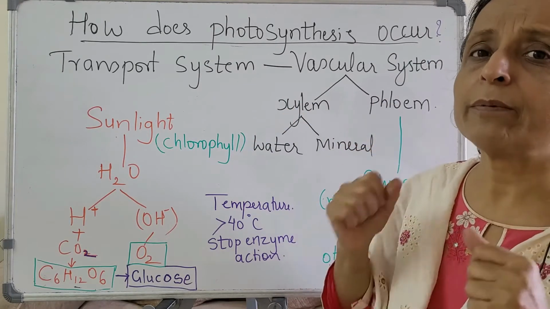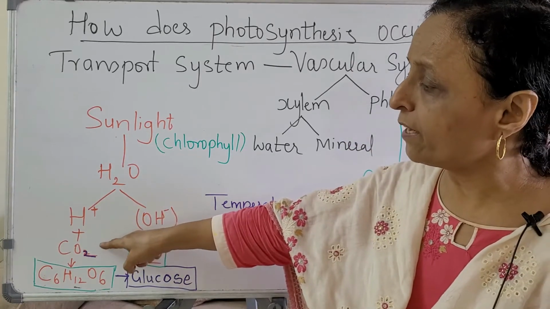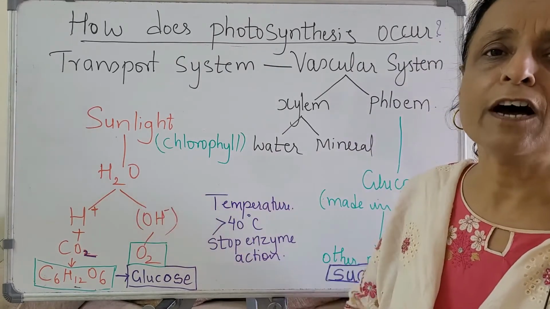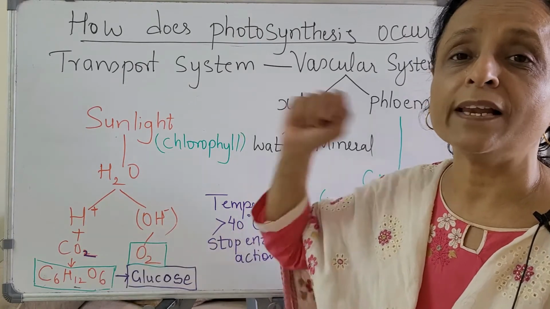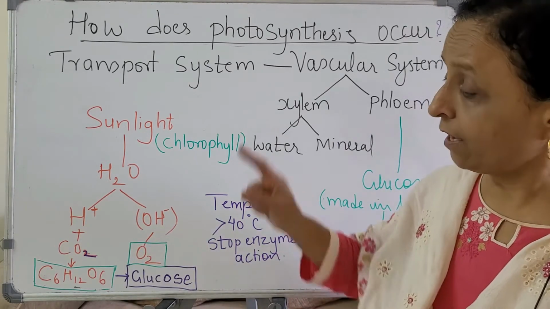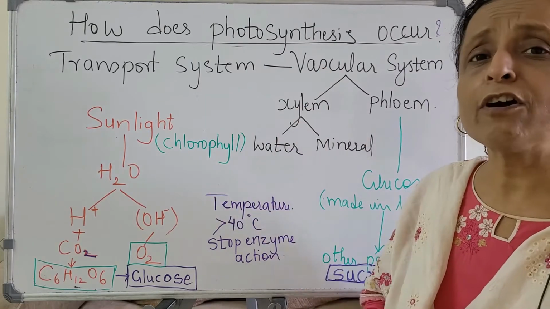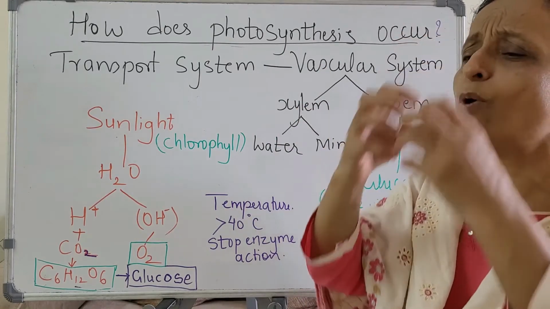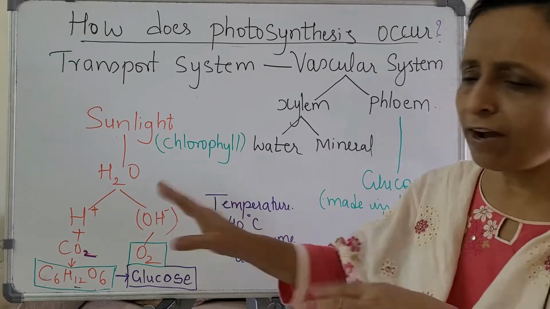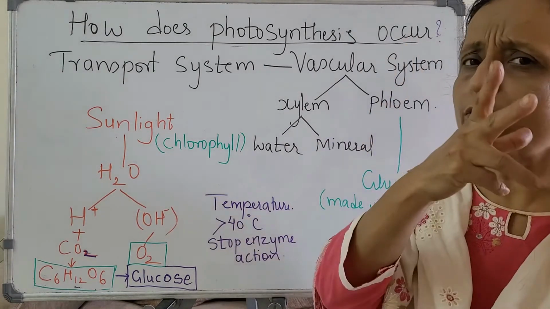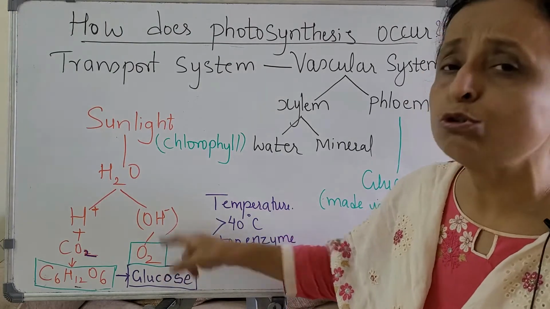Now carbon dioxide will combine with hydrogen and form glucose, C6H12O6. Now this hydroxyl is O and H. O and H will also get separated. Oxygen will leave hydrogen and will come out of the plant as O2.